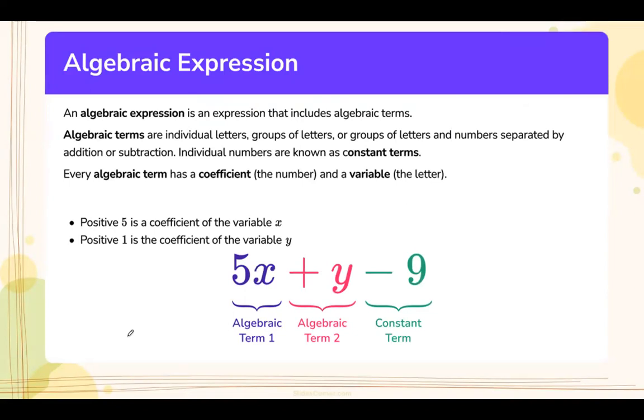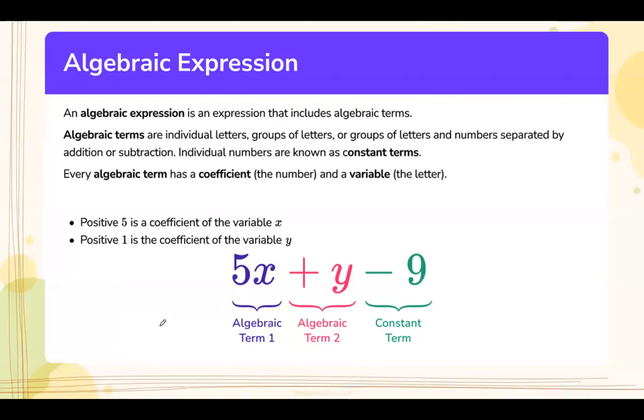And when we talk about algebraic terms, it can be letters, it can be groups of letters, as well as numbers that can be separated by addition or subtraction. And so when we are dealing with just a number, we call that a constant term. So notice that we have an example here, 5x plus y minus 9.